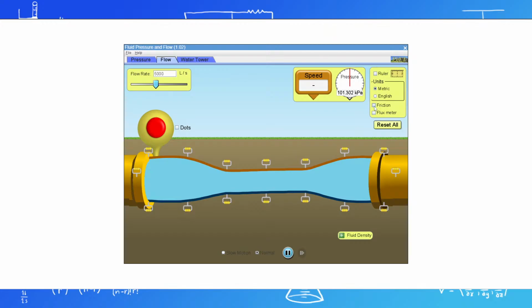What other tools do we have here? I don't want friction, that will mess things up. This flux meter just measures how much flow is going through the area of this cross section, which we can move. The cross section is just some sort of flat circle indicated by this moving ring.